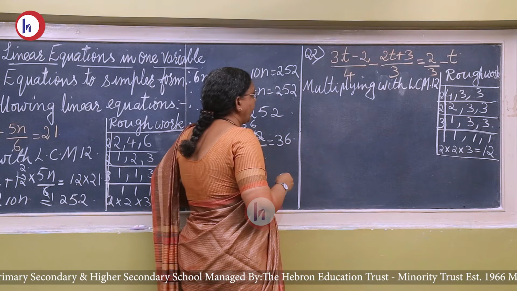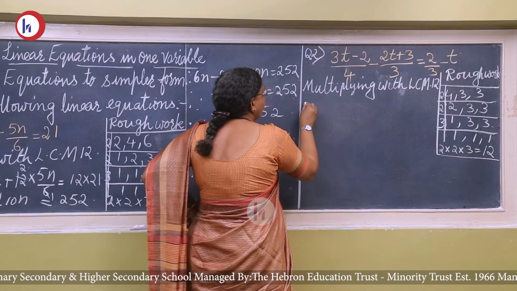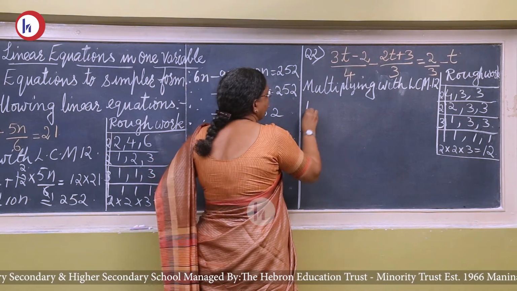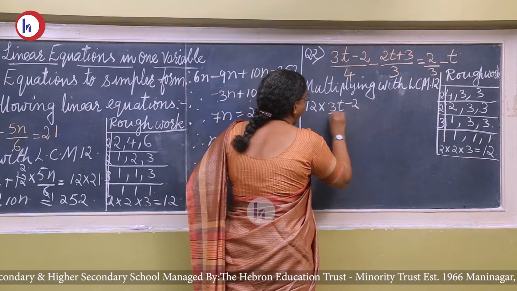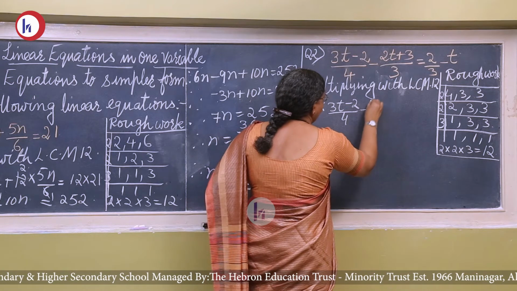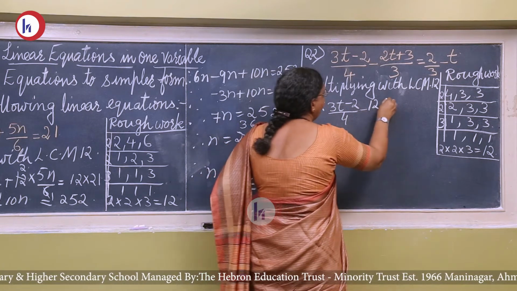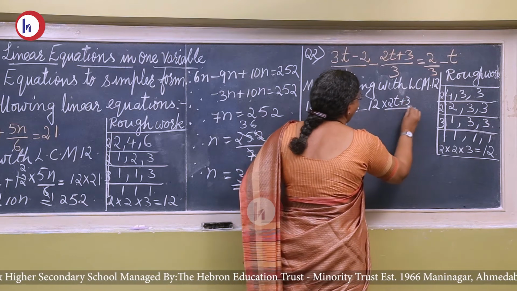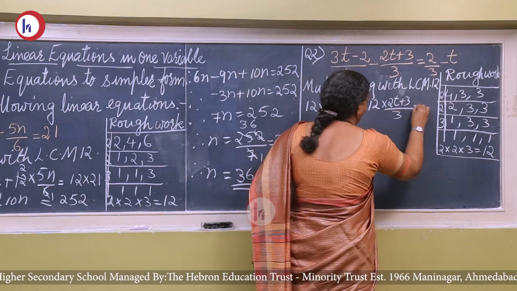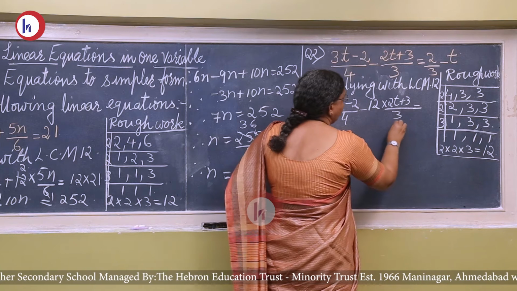Now each term we can multiply with the 12. So 12 multiplied by (3t minus 2) upon 4, minus again next term 12 multiplied by (2t plus 3) upon 3, is equal to 2 upon 3.